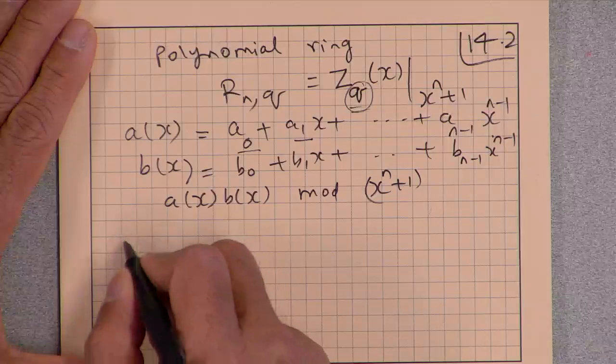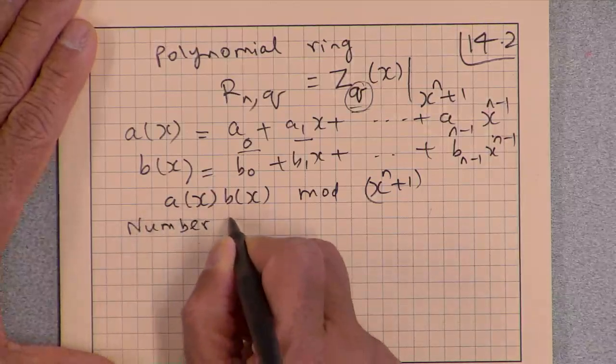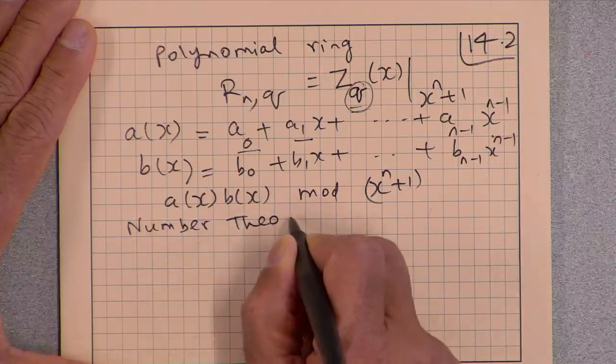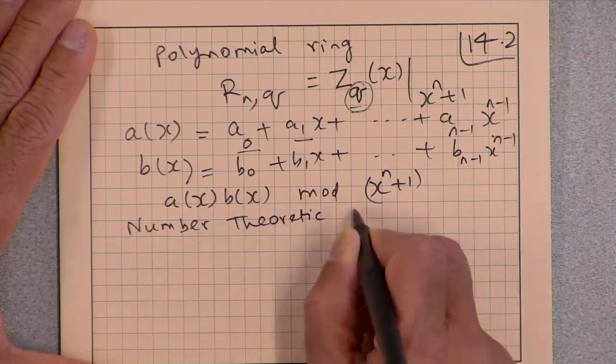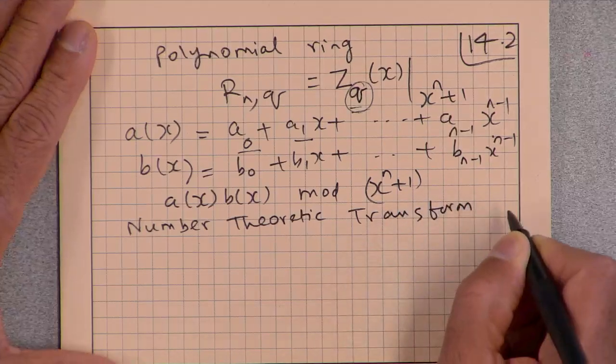Okay, so let me define what we call the number theoretic transform, similar to FFT. So what are some of the fundamental differences?